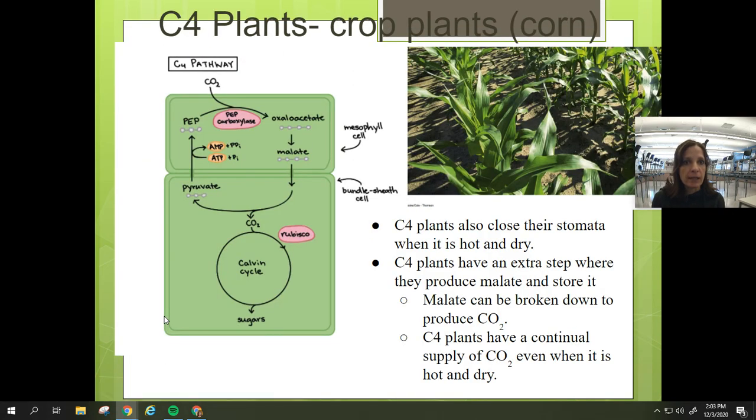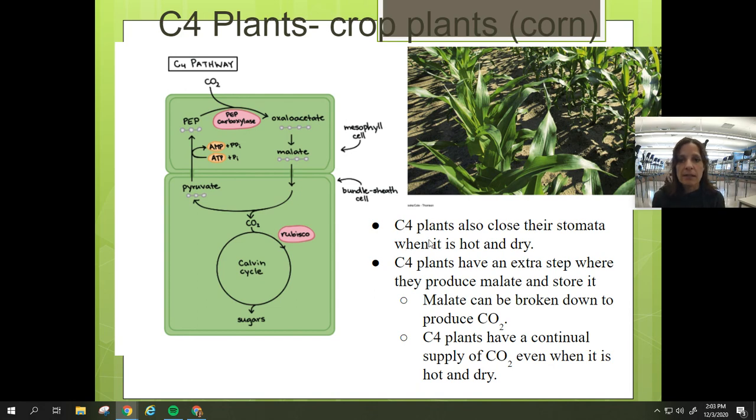So one type of different plant is what's called a C4 plant. So they have an adaptation. An example is corn. So carbon dioxide comes in, right? And this is in the mesophyll, and in the mesophyll, they make this chemical called malate. And malate, they can store.